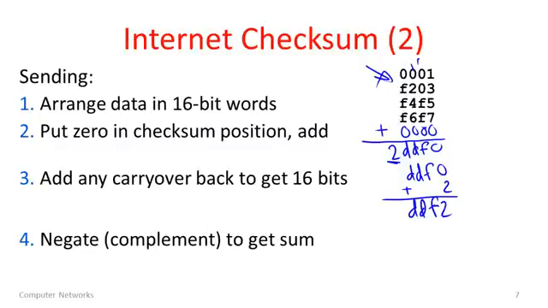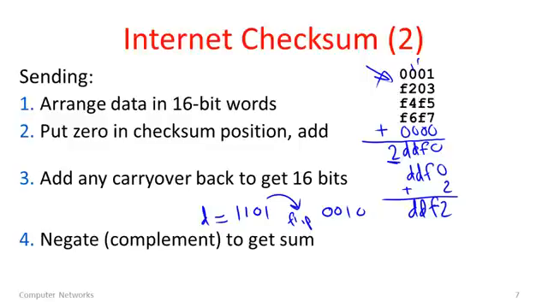Okay, now our final step is to negate by complementing this value, and then we'll get the checksum. So we want to negate all of those bits. Let's negate D. If you remember, the binary representation of D is 8, 9, 10, 11, 12, 13, so 1101. When I bit flip that, I'll get 0, 0, 1, 0, or 2.